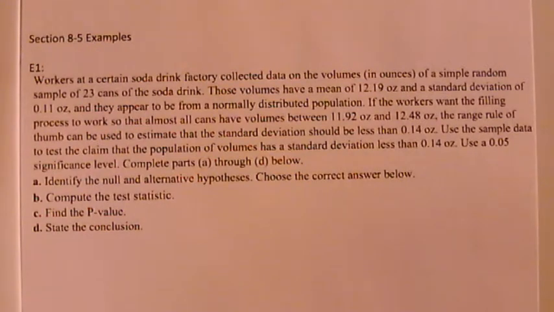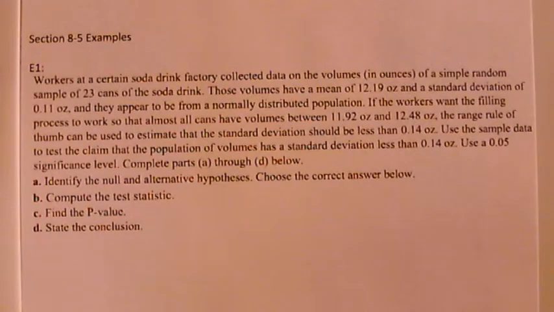If the workers want the filling process to work so that almost all cans have volumes between 11.92 and 12.48 ounces, the range rule of thumb can be used to estimate that the standard deviation should be less than 0.14 ounces. Use the sample data to test the claim that the population of volumes has a standard deviation of less than 0.14 ounces. Use a 0.05 significance level. And here you're going to complete parts A through D below.